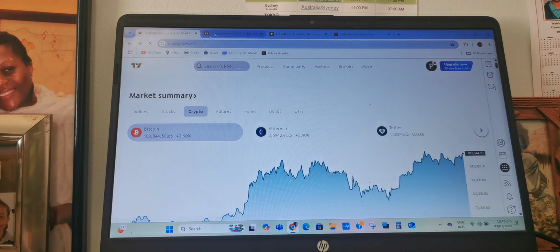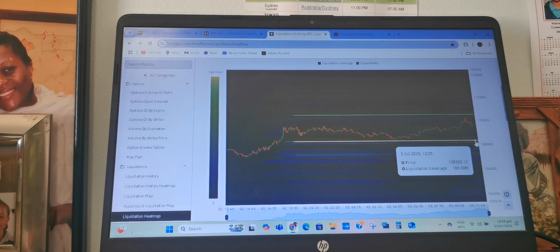At the moment, I know that I have liquidity at around 110,560, and then at 108,350. Those are the liquidity places the market might want to go to.